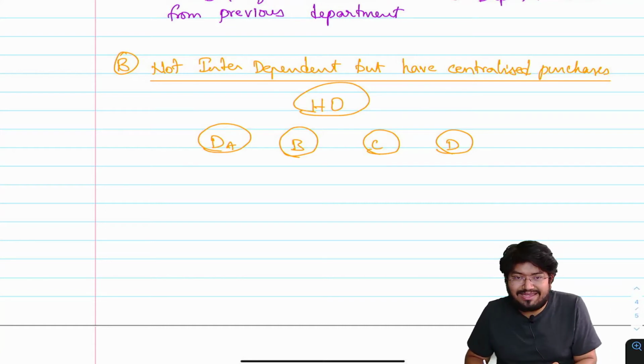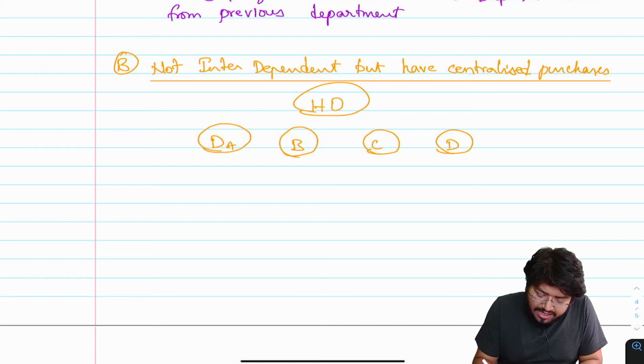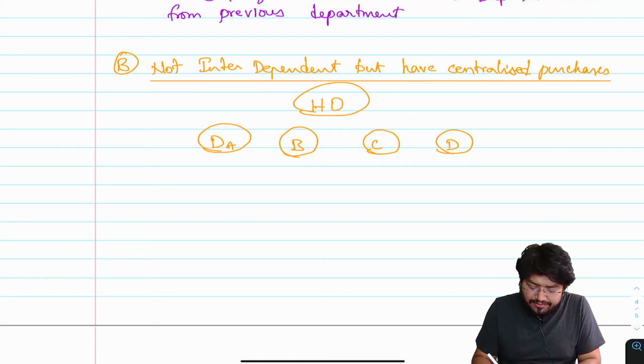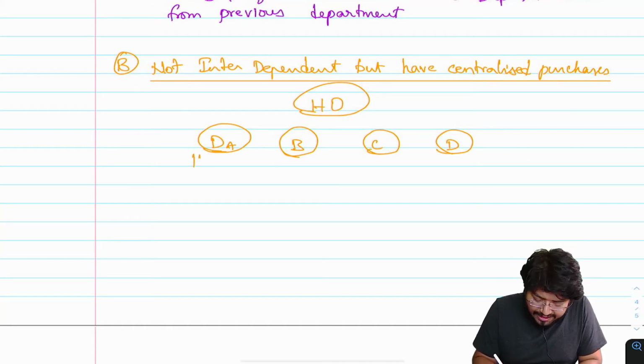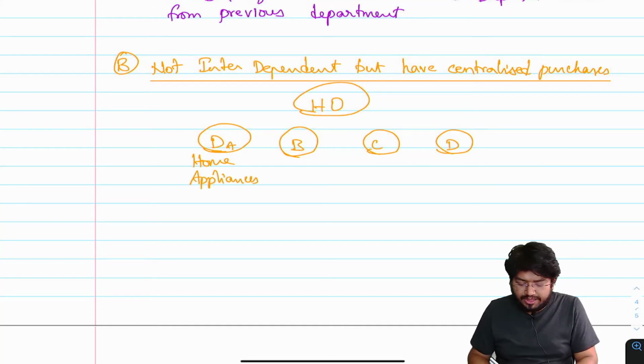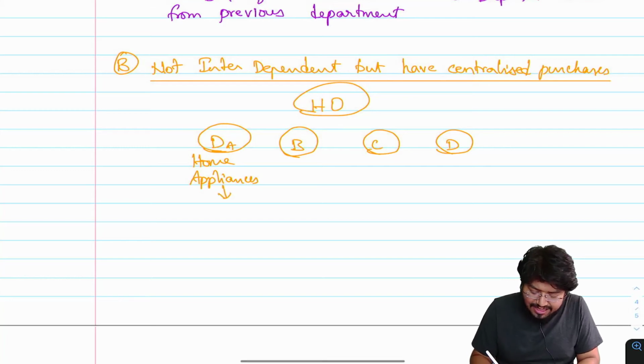Now, when this is the case, it would tell each department, say for example, department A is about home appliances. Inside home appliances it tells that a refrigerator of X model is supposed to be sold for 20,000.